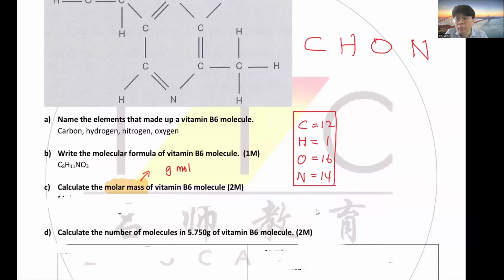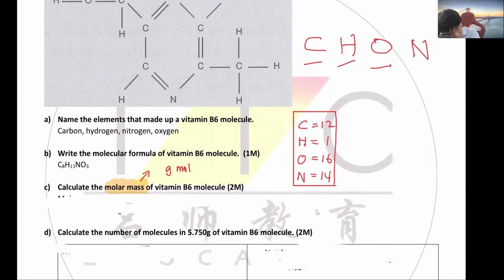Okay, calculate for me. What will be the mass? No, you can put CHON also, no problem. As long as the C is the first one, second one is this one, then third one is oxygen. Nitrogen you put at the third one or fourth one, okay, doesn't matter. Calculate.